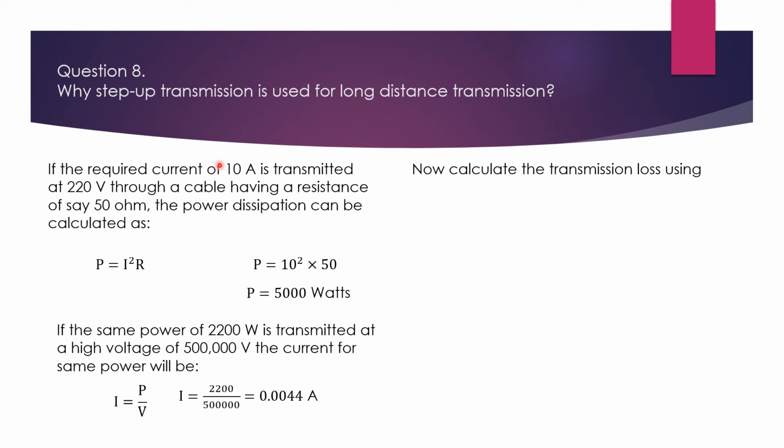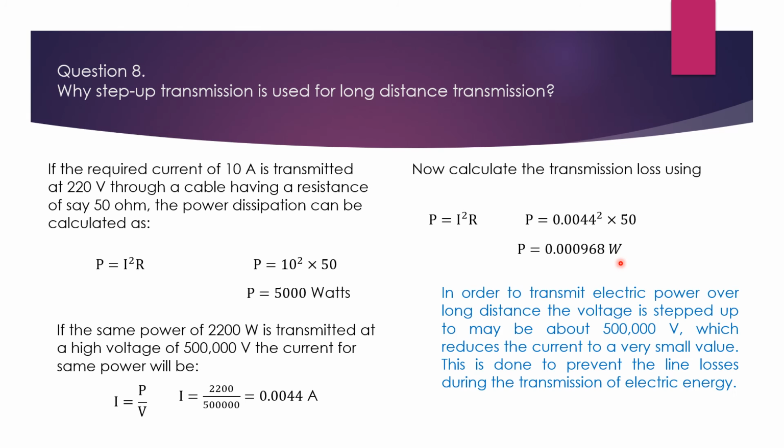Now calculate the transmission loss using P is equal to I square R, or power is equal to 0.0044 squared multiplied by 50 ohms. This gives us 0.000968 watts. This is the power loss. This is very, very small, almost negligible power loss.